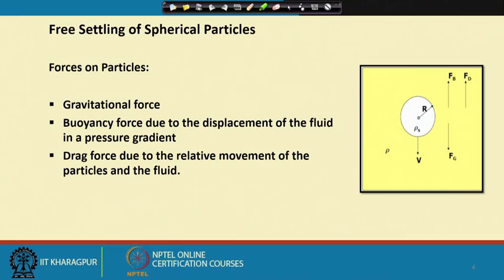And I need to know how much is the buoyancy force and how much is the drag force. So, the net result: if Fb plus Fd is more than Fg, then the particle will not move downward. Let us see that.